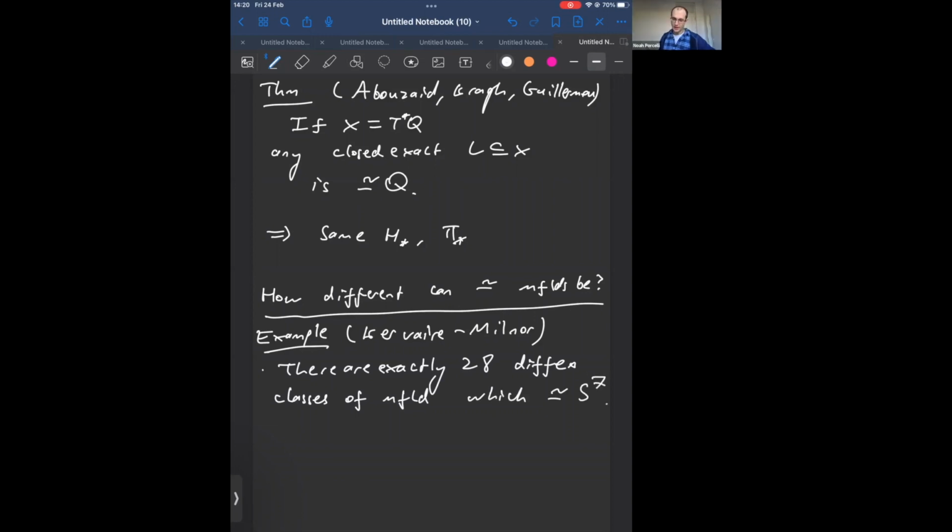So there are exactly 28 manifolds which are all non-diffeomorphic to each other, but all homotopy equivalent to S^7. Sorry, I mean oriented. And similarly, there are exactly 2 diffeomorphism classes of oriented manifolds which are homotopy equivalent to S^8.